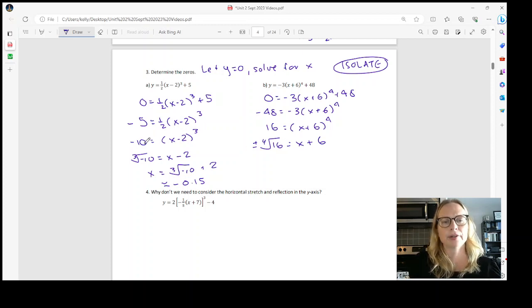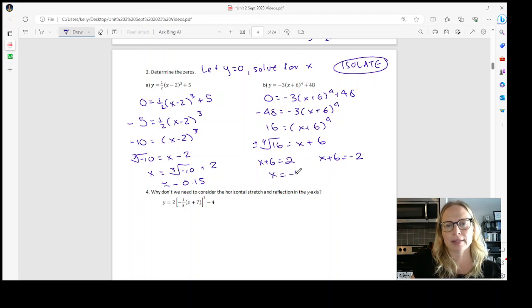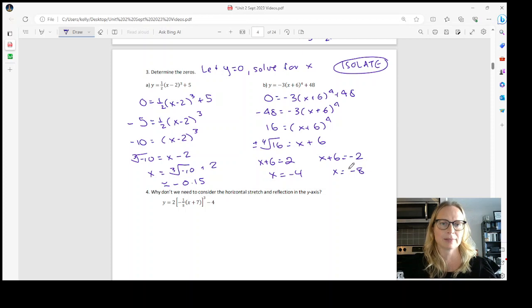When it's odd, there is only one cube root of a negative number to give you, well, the answer. But there are always 2 roots when the exponent is even. So either x plus 6 is positive 2 or x plus 6 will be negative 2. So x will be negative 4 or x will be negative 8.